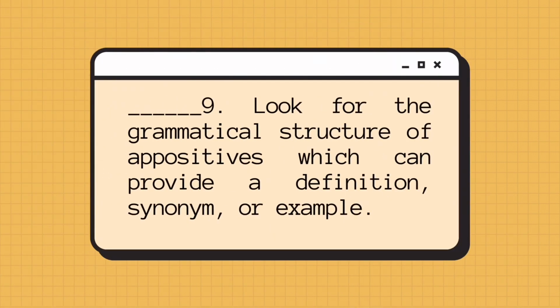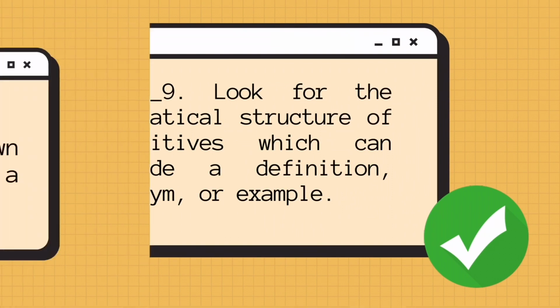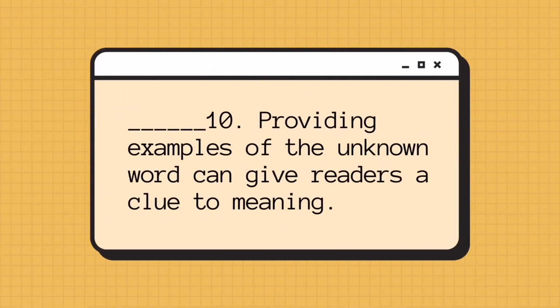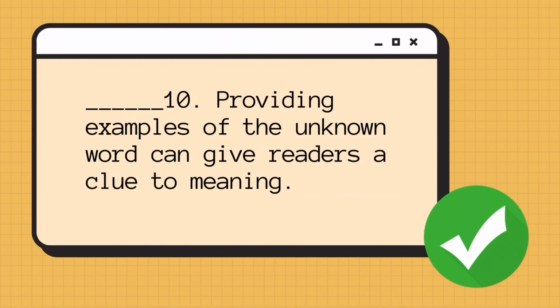Look for the grammatical structure of appositives, which can provide a definition, synonym, or example. The answer is a check mark. For the last number, number 10, providing examples of the unknown word can give readers a clue to meaning. The answer is a check mark.